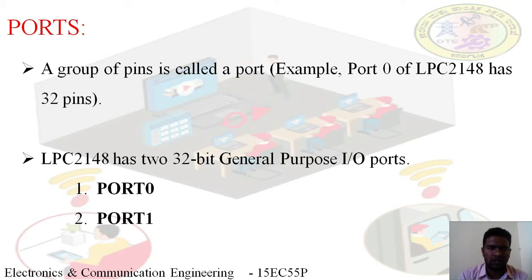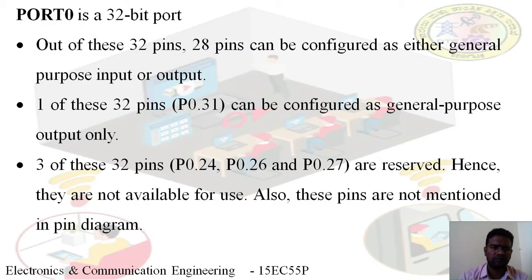Ports. A group of pins is called a port. Example, port 0 of LPC2148 has 32 pins. LPC2148 has two 32-bit general purpose I/O ports, that is port 0 and port 1. We shall study now port 0. It is a 32-bit port.